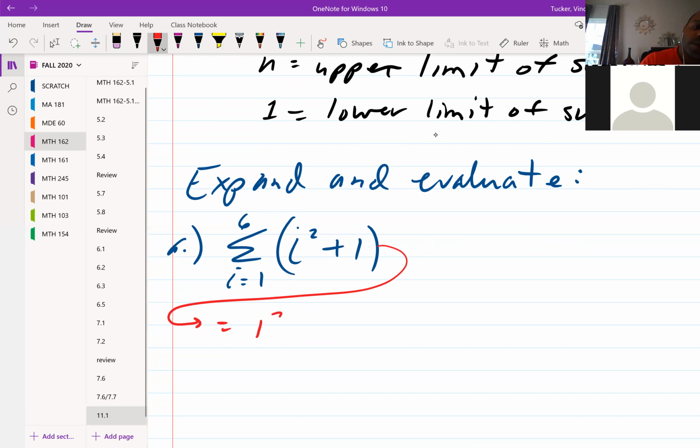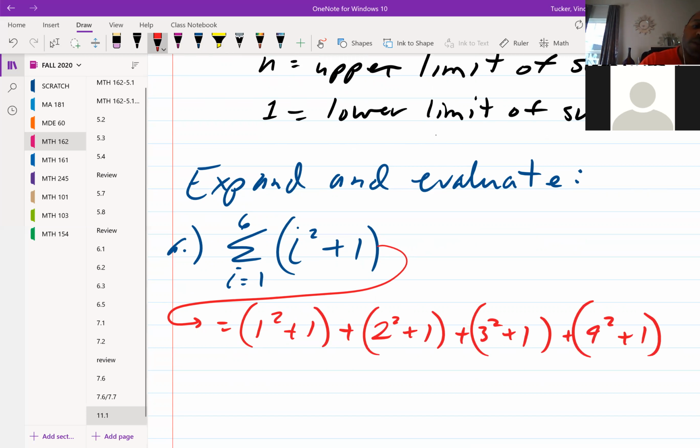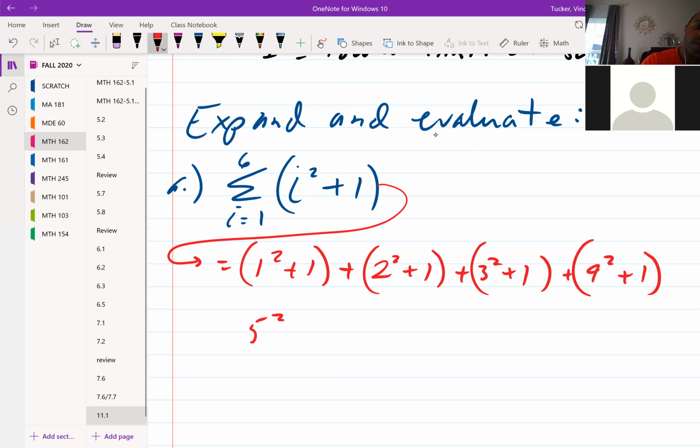So plug in 1, plug in 2. I'm gonna run out of room. So you just plug in 1, 2, 3, 4, 5, and 6.